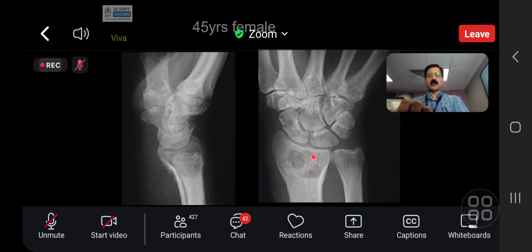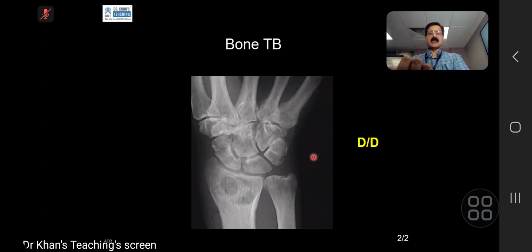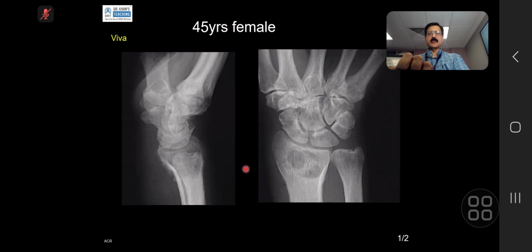It was absolutely perfect. Then you said differential diagnosis, infection. And by the way, this is what it is. Of course, non-TB infection can also be kept in the differential. Nobody is expecting that you will call it a TB.